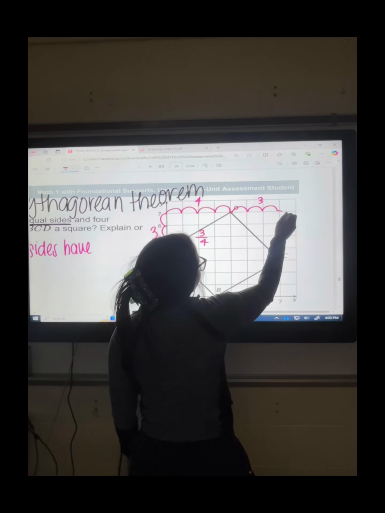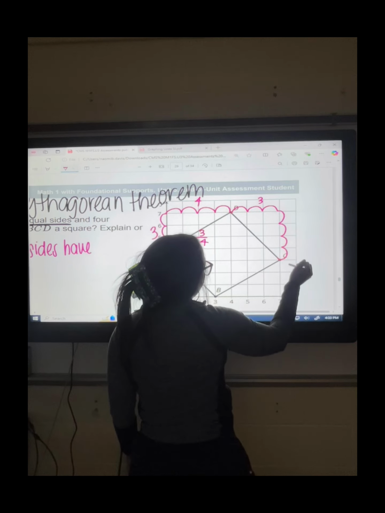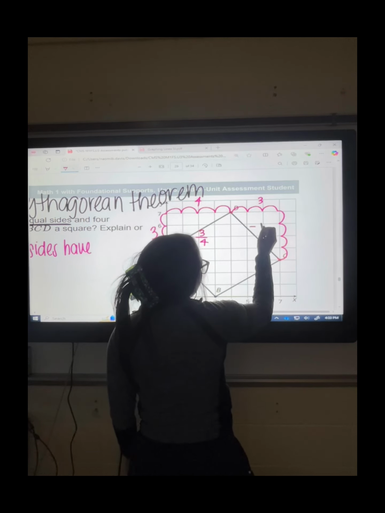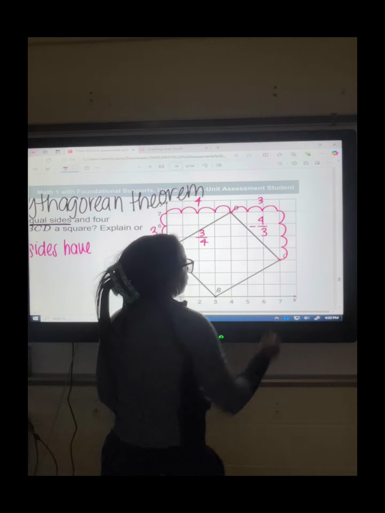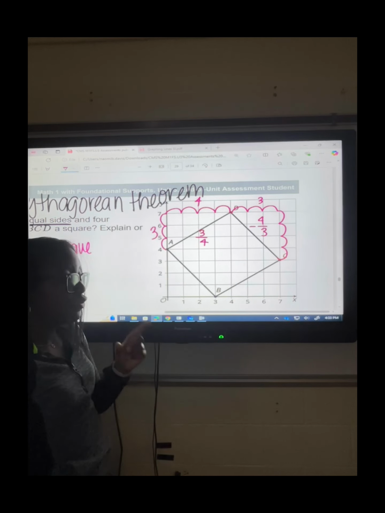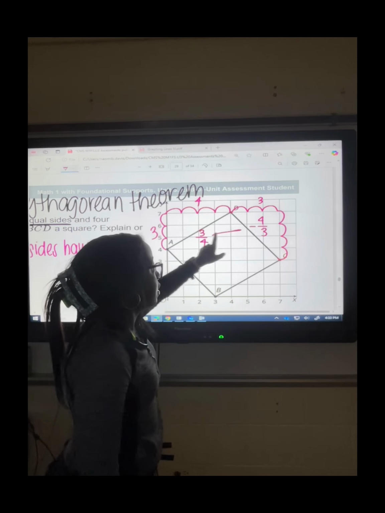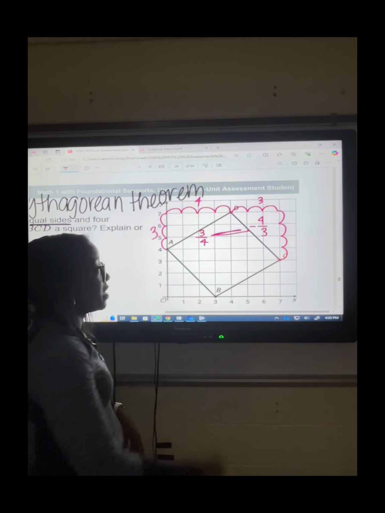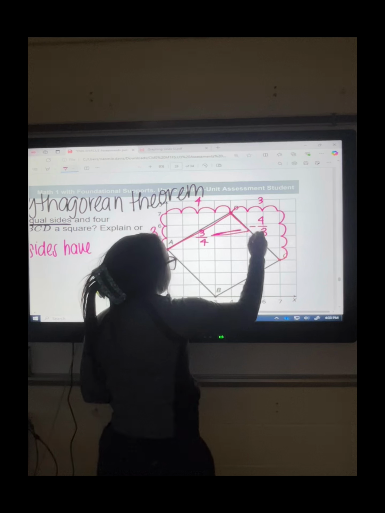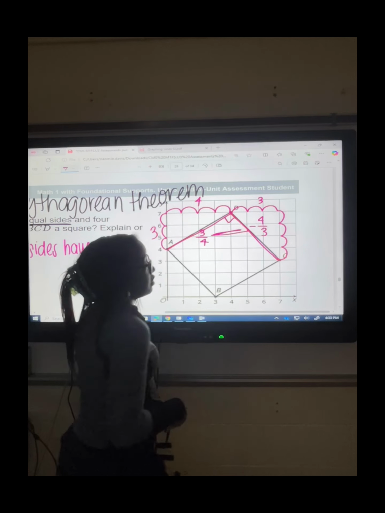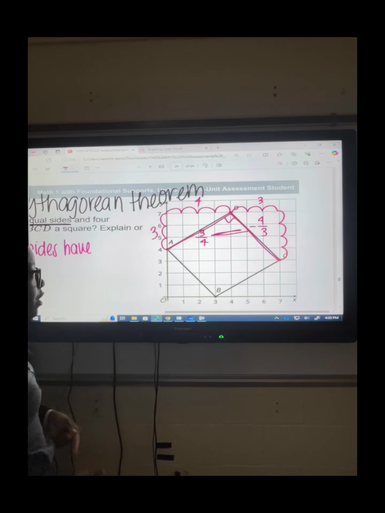And I'm rising -4. So my slope is -4/3. Now hold on. The rule for perpendicular lines is opposite reciprocals. These are opposite reciprocals, meaning that AD and BC have to be perpendicular lines and they make a 90-degree angle.